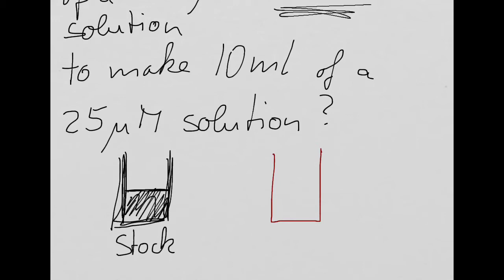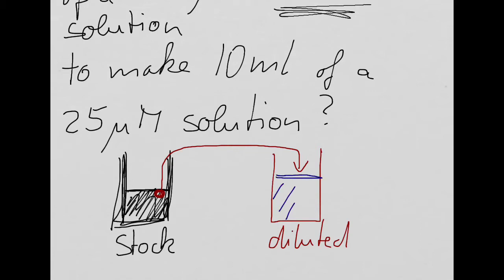That is our diluted solution. And we take a little bit of the stock and put that into water or whatever, buffer or things like that. That is what we do.